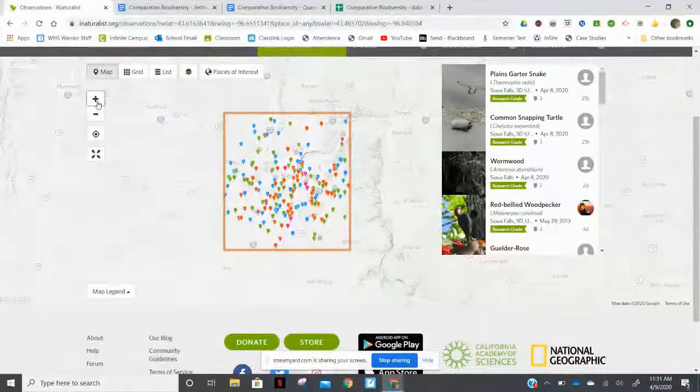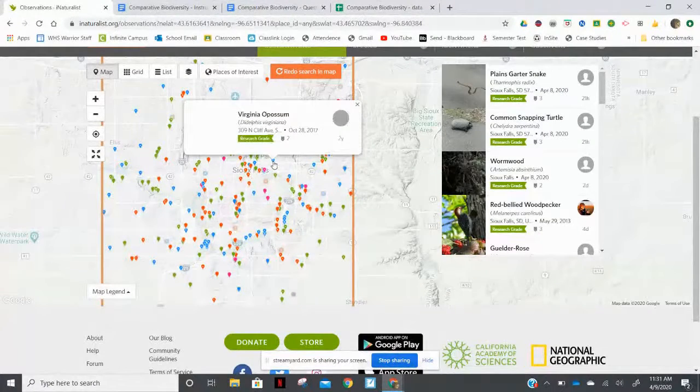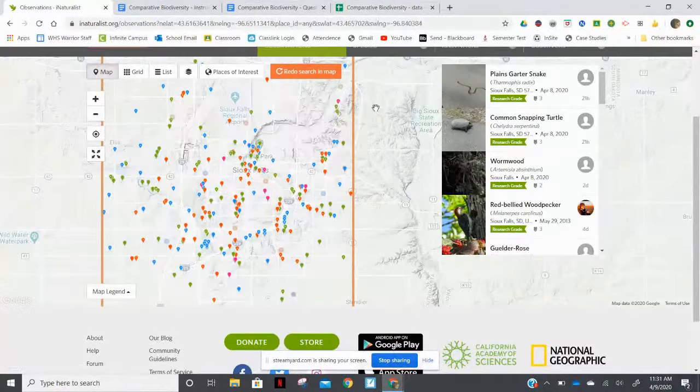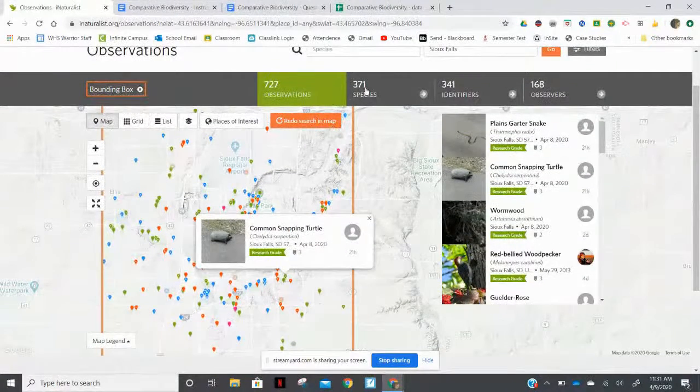What they can do, I had them kind of just explore a little bit, so maybe click on a pin, they can see the actual picture that was taken, and then they can actually click on that picture and learn more about that particular observation. But what I had them do is, to start off very simple, I had them go and look at the number of species.